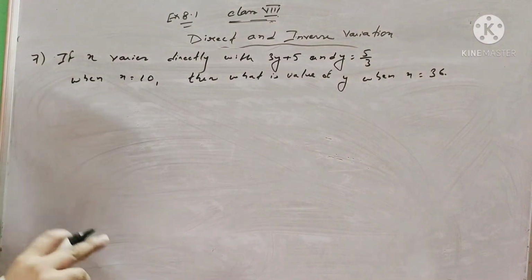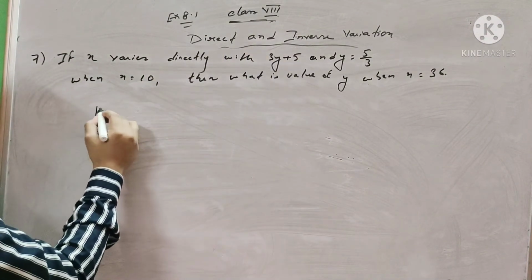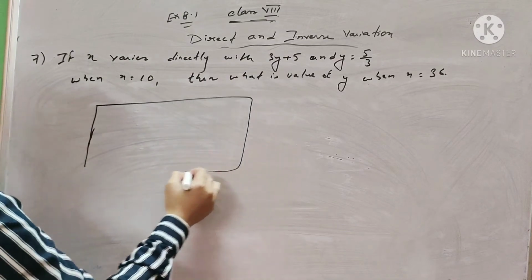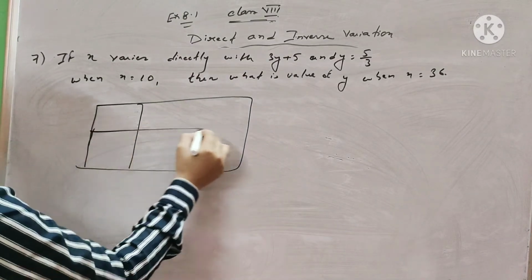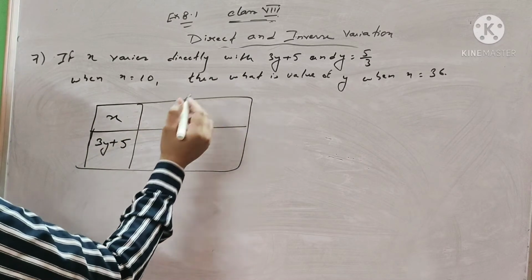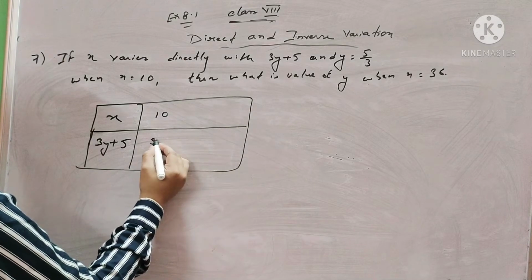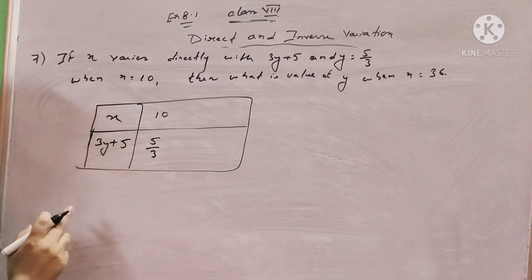Same question as question number 1. Okay, x varies directly with 3y plus 5. That means whenever you draw this one, the relation of x with 3y plus 5, the first one, when x equals 10, y equals 5/3.